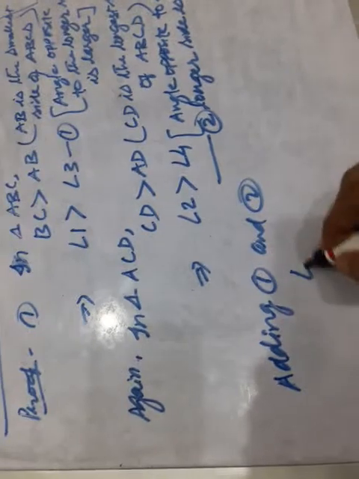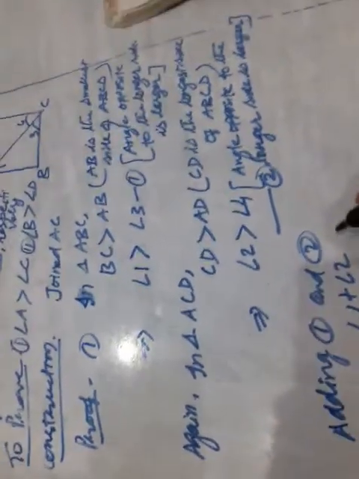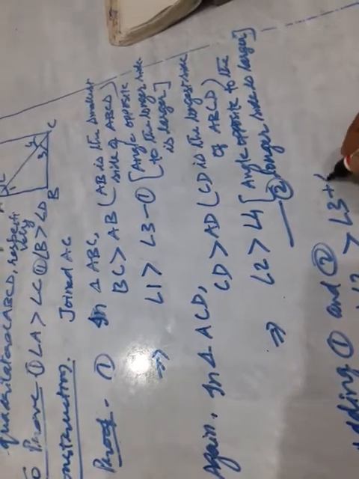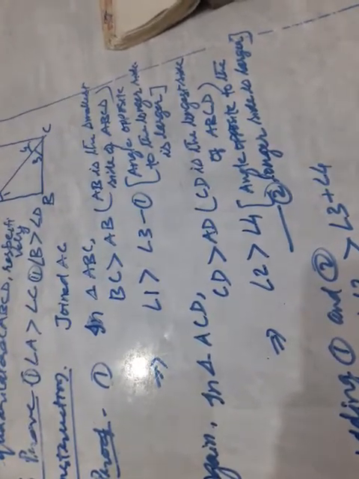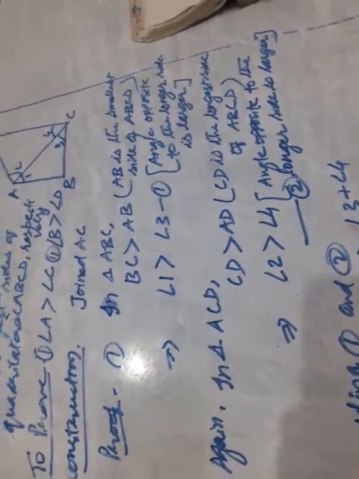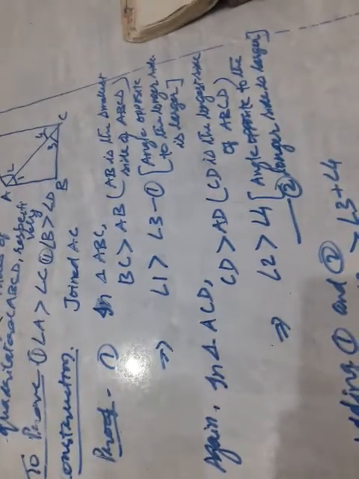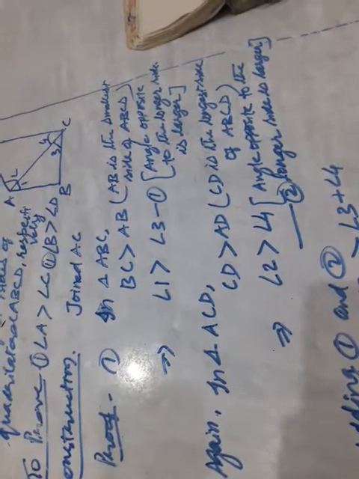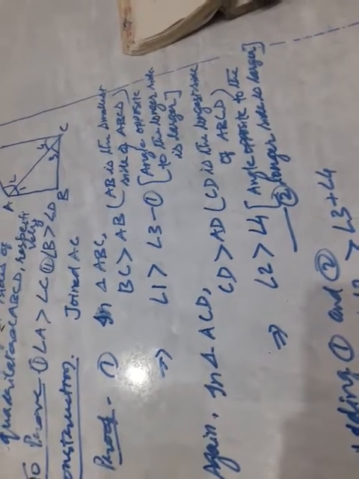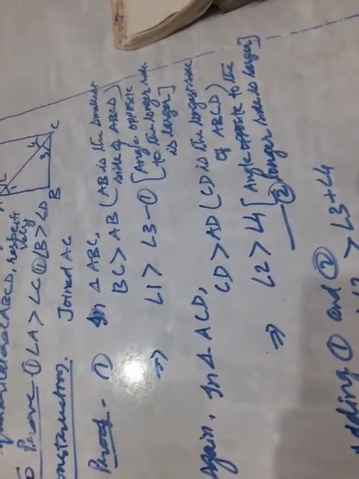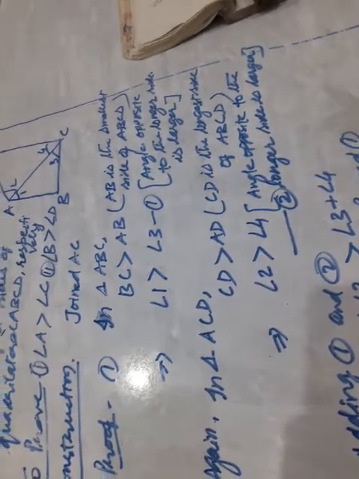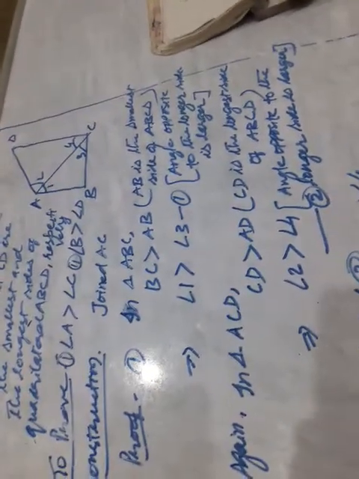That is angle 1 plus angle 2 is greater than angle 3 plus angle 4. This implies that angle 1 plus angle 2, that is angle A, is greater than angle 3 plus angle 4, that is angle C. And that is what we have to prove. That is the first part we have proved.